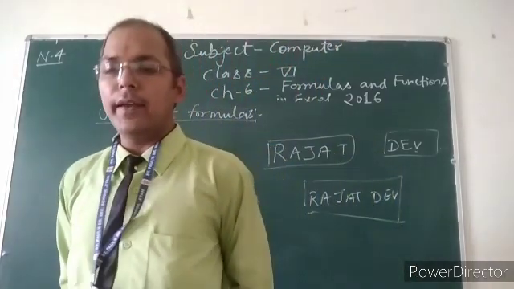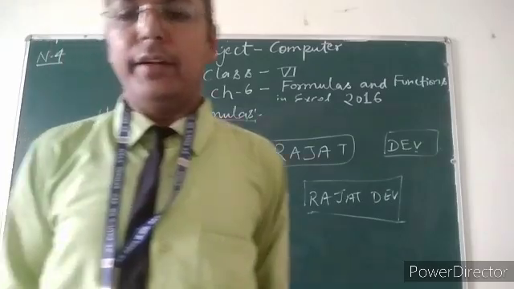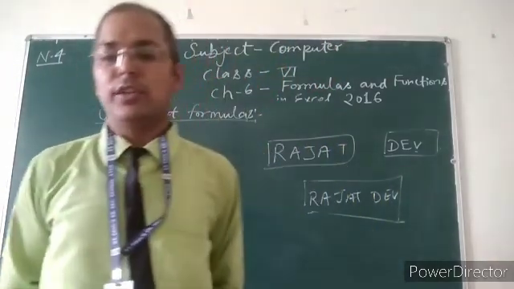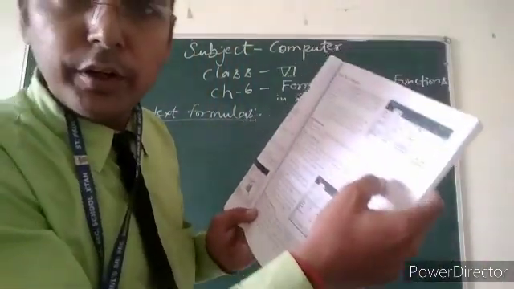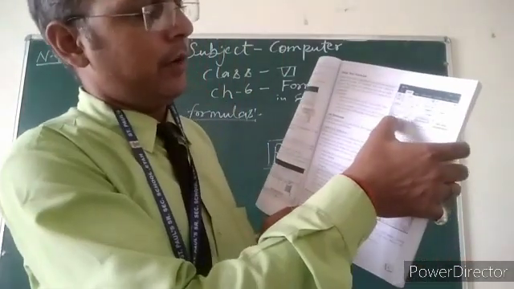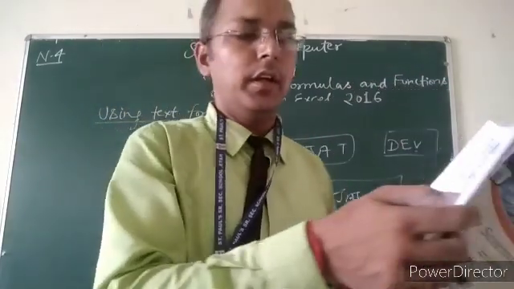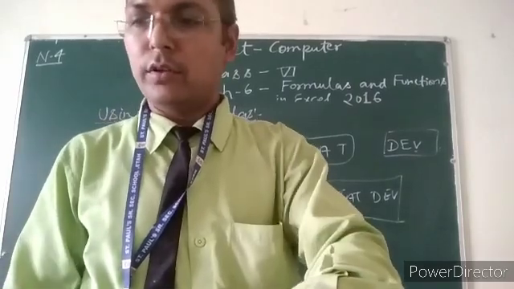Type the formula A1 and B1 in cell C1 and press enter. It will display Sonam Kapoor in cell C1. This is figure 6.5, using text formula: A1 Sonam, B1 Kapoor, and C1 Sonam Kapoor, text after concatenation.